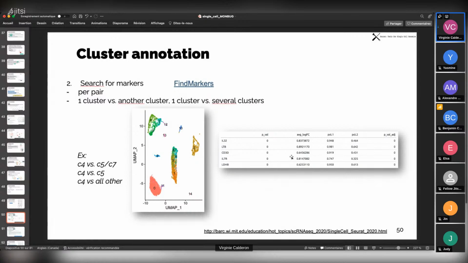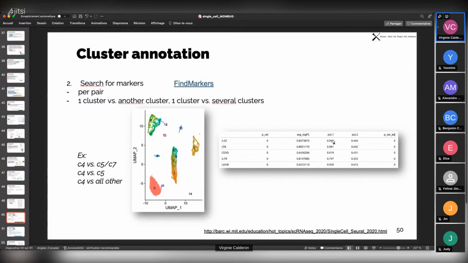In C4, it means that almost all the cells are expressing these genes, compared to C5 here, where maybe half of the cells are expressing this gene in the cluster. Okay, so this is really important, because if you find a marker that is lowly expressed in your cluster of interest, how can you trust that?